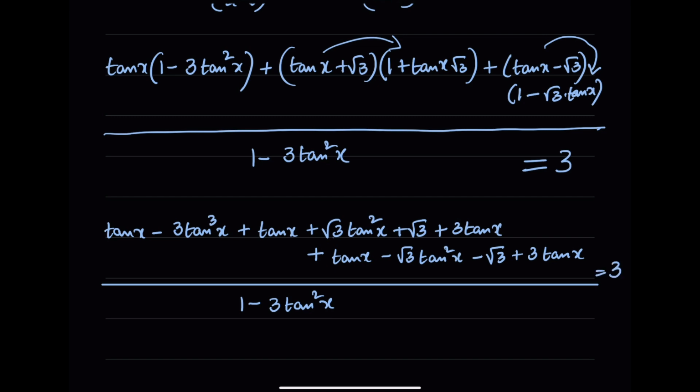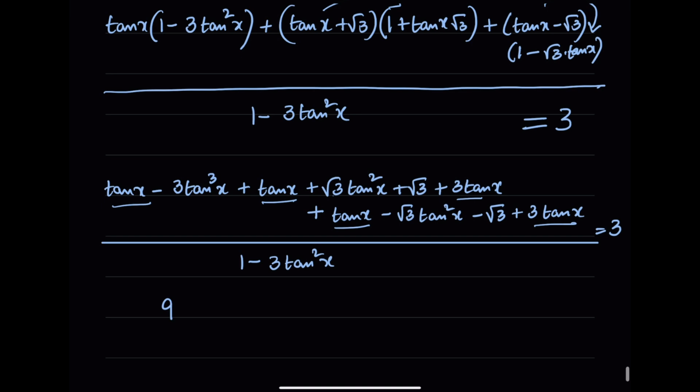Okay, now let's see what we can do here. So we have 3 tan x, tan x, tan x, tan x and tan x. Okay, let's combine all the tan x's. So 3 plus 3 is 6, then 1, 2, 3. So we have 9 times tan x. Now let's solve the x square ones.